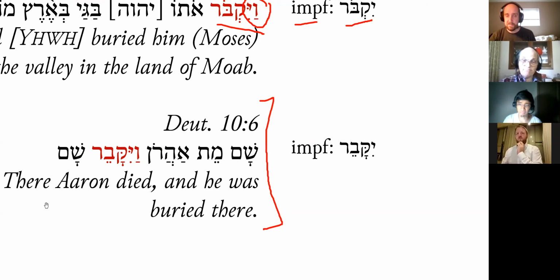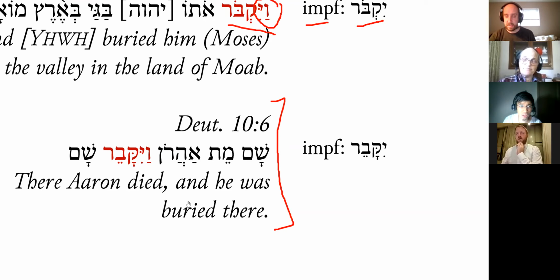And of course, there Aaron died and he was buried there. They have sham and sham. There he died and there he was buried. Yikaver is the imperfect. You can see here on the right. And when we add that va with the dagesh, vayikaver becomes vav consecutive, and he was buried.